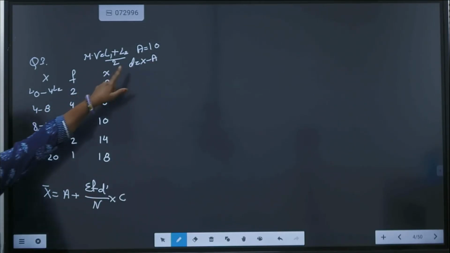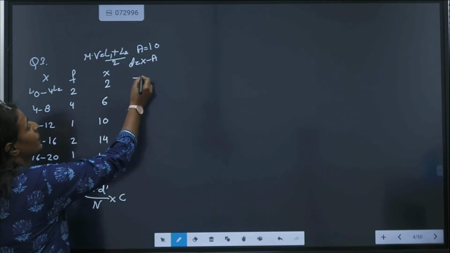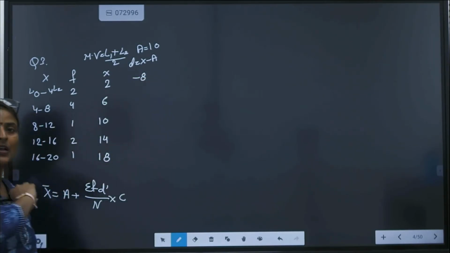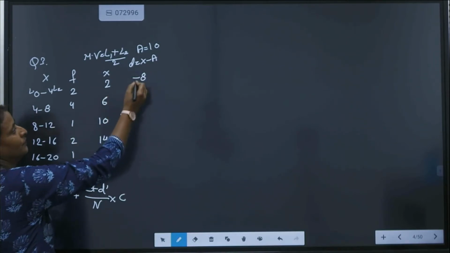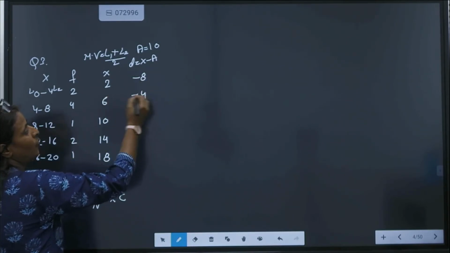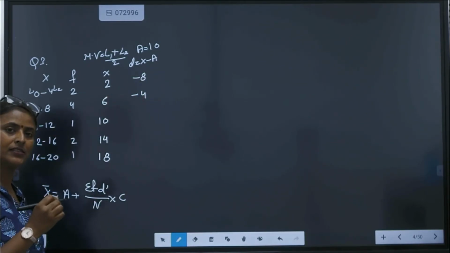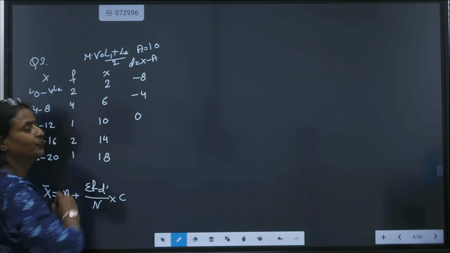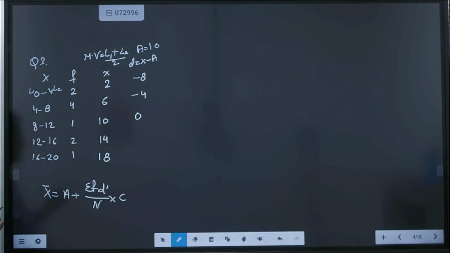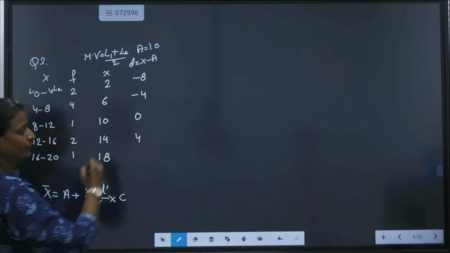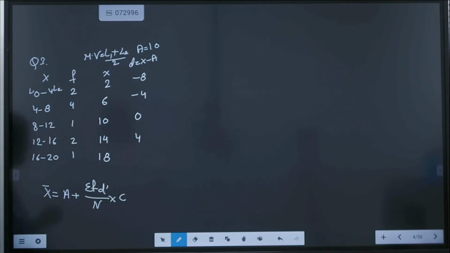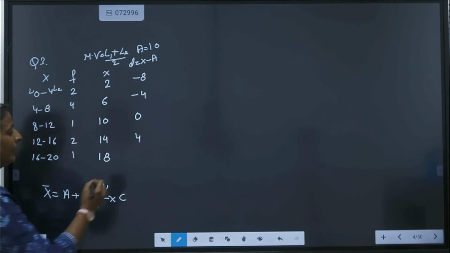Now 2 minus 10, it's minus 8. 6 minus 10, minus 4. 10 minus 10, 0. 14 minus 10, 4. 18 minus 10, 8.